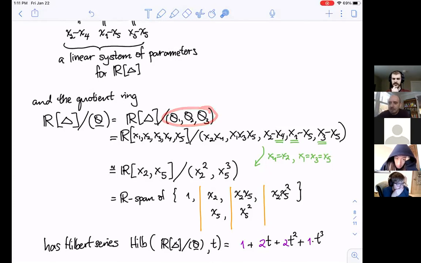If I quotient by the generators for that subalgebra, take the ideal that they generate, I did the calculation here. It's not too hard to show that this quotient ring has a basis 1, and then the variables x2 and x5, their images, these quadratic monomials, this cubic monomial. And when you look at it degree by degree, so this is degree 0, degree 1, degree 2, degree 3, its Hilbert series is just given by the h vector as coefficients in front of a polynomial.